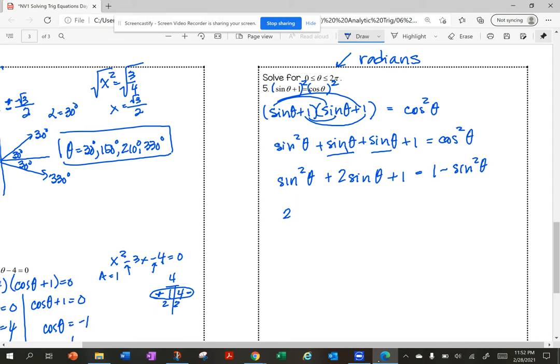So this is 2 sine squared of theta plus 2 sine of theta, and then I'm going to subtract 1 on both sides. So now I total 0. I'm going to factor out the greatest common factor, which is 2 sine of theta, and I have sine of theta plus 1 left, and that equals 0.